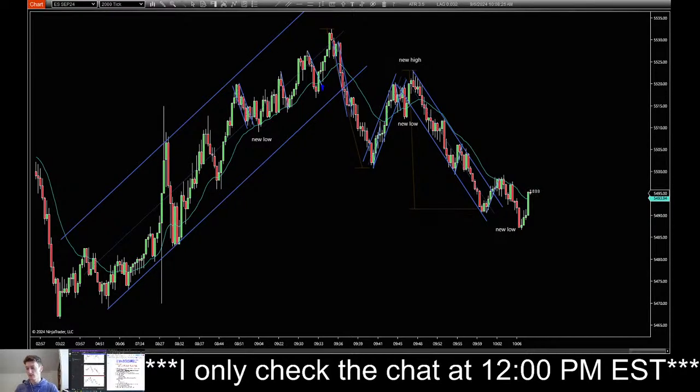Strong push through the EMA, so that's a good sign for potential longs. See if it can hold up there though.